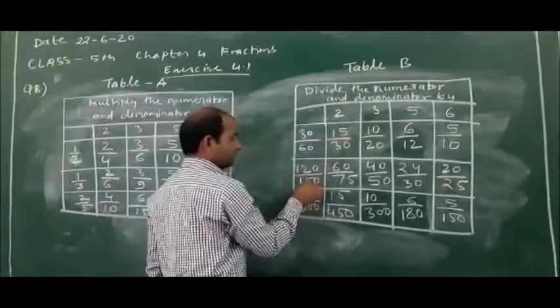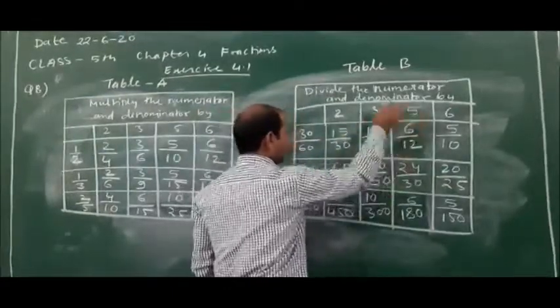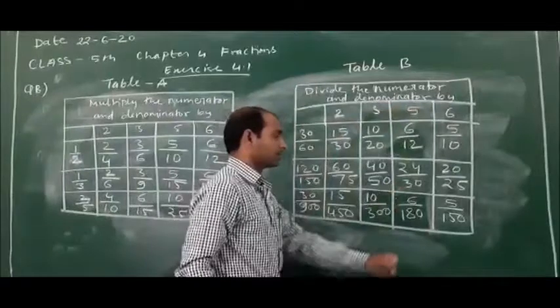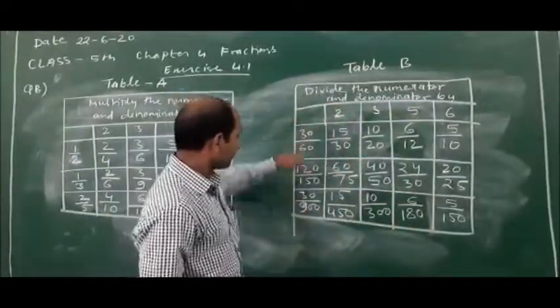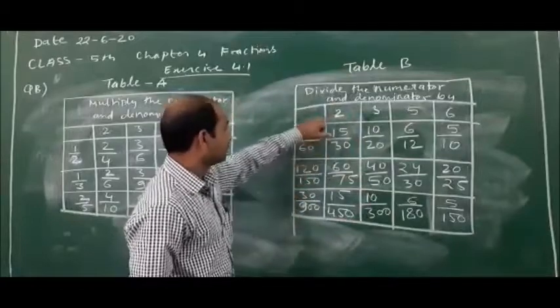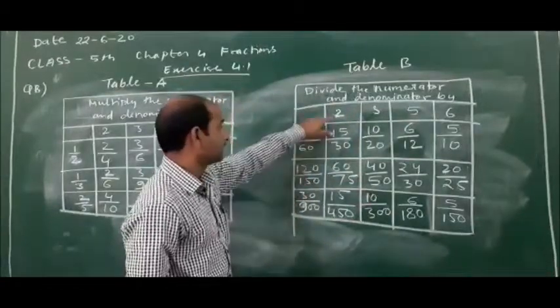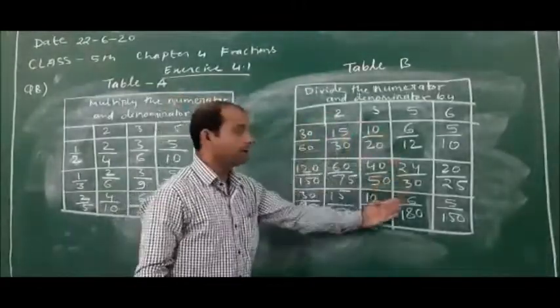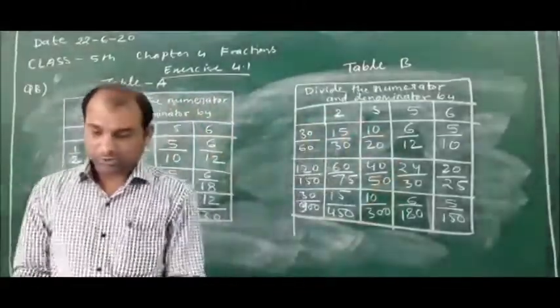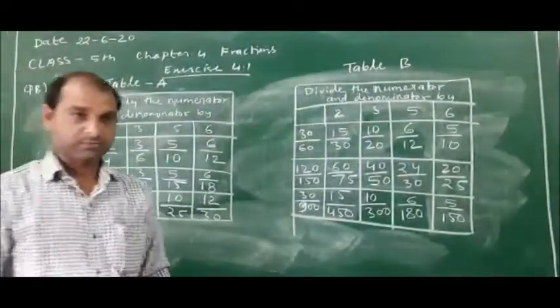We divide by 3, the answer is 50. We divide by 5, the answer is 30. Same questions. When we divide 300 by 2, the answer is 150. So this table is completed. Now the next question.